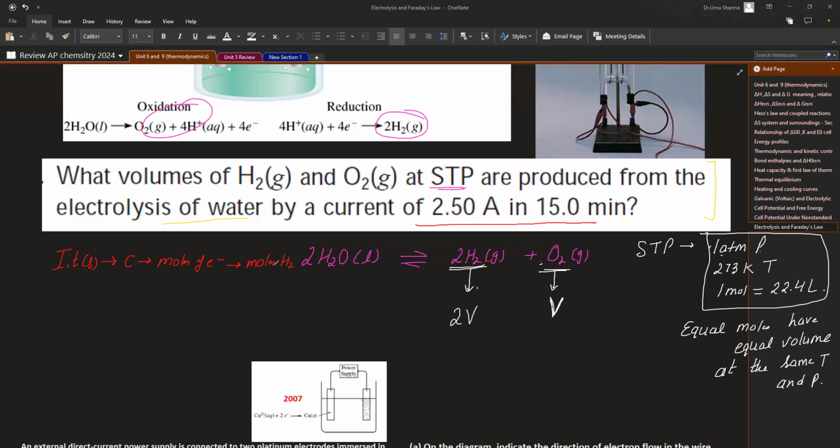Once I have the moles of hydrogen gas, I will get the volume of hydrogen gas. This is my plan. If I have the volume of hydrogen gas, I can get the volume of oxygen gas. So I'm planning this. Is the plan okay, children? Okay, fine. So let's do it.